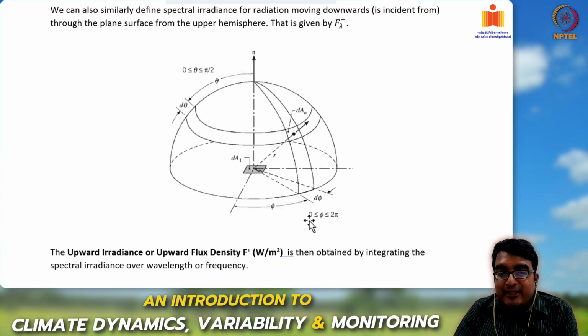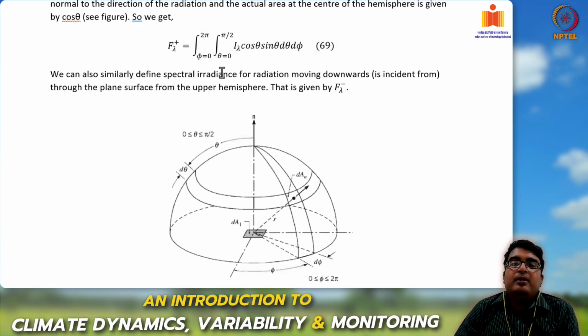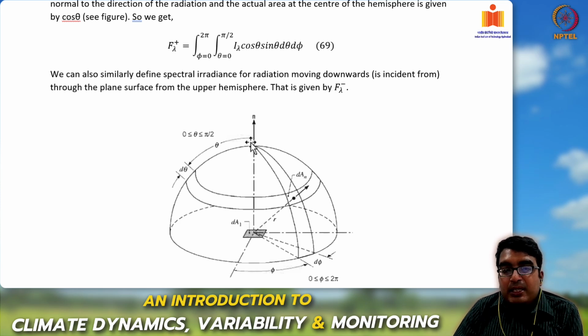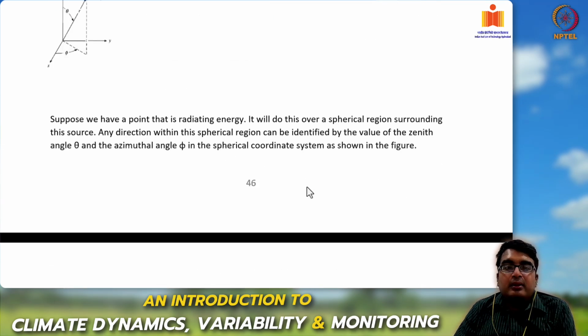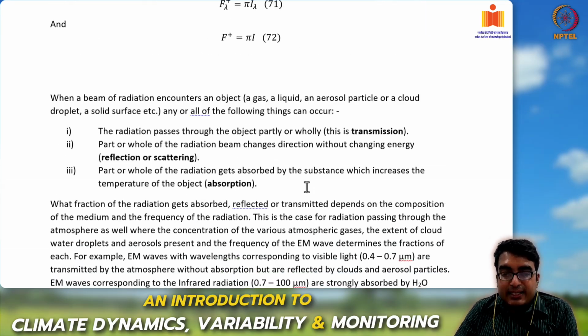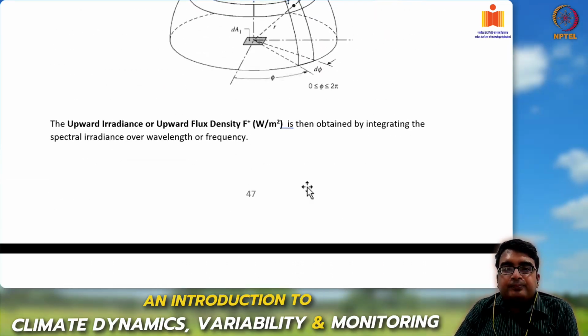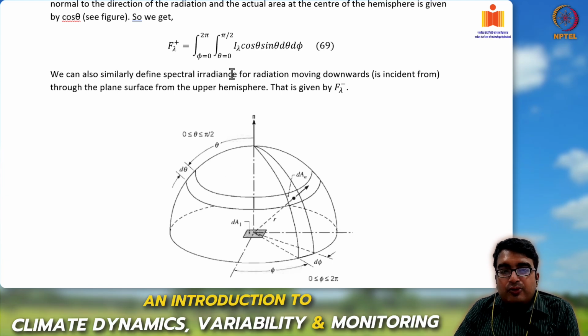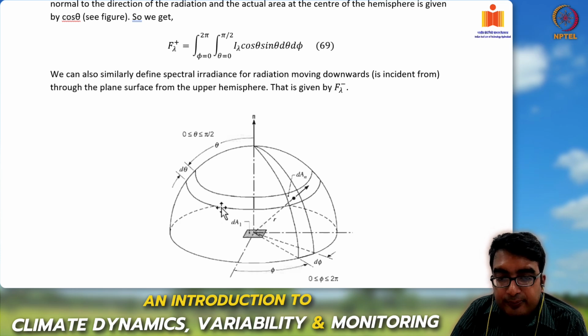If you integrate this over the entire hemisphere, so theta varying from 0 to pi by 2, and the equatorial angle or the azimuthal angle phi varying from 0 to 360, that is, 0 to 2 pi.